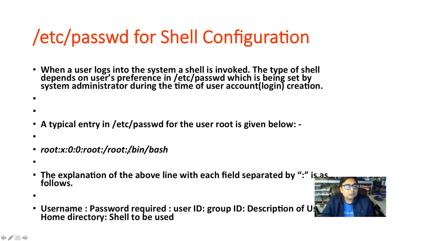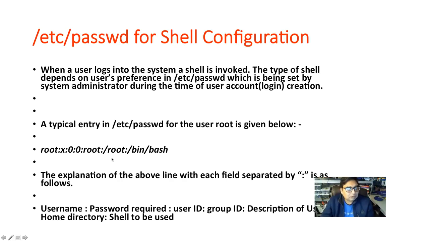This field signifies what kind of shell you want to use. If instead of /bin/bash I had said /bin/ash, it would have taken the ash shell, or maybe sh, which is the Bourne shell. Bash is Bourne Again shell, and the first shell was sh, which is the Bourne shell. So this way we can change the shell entry.